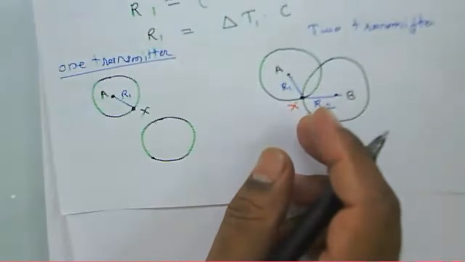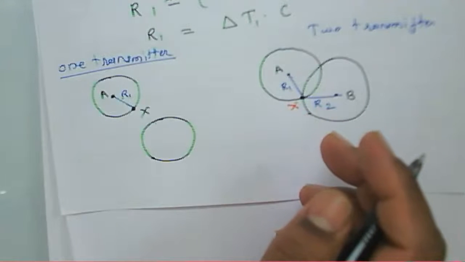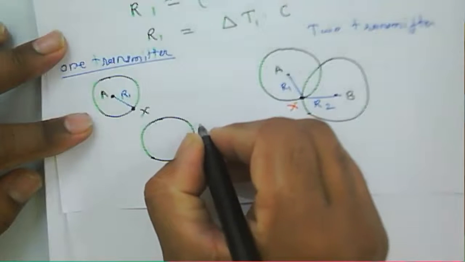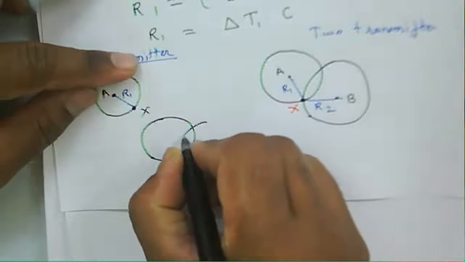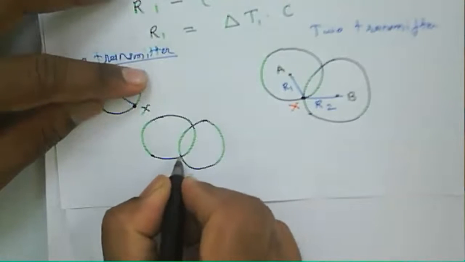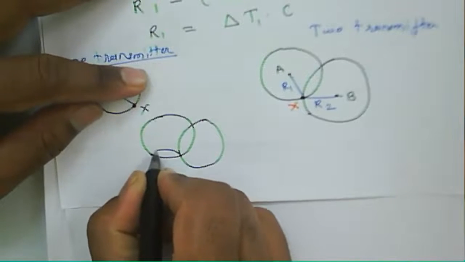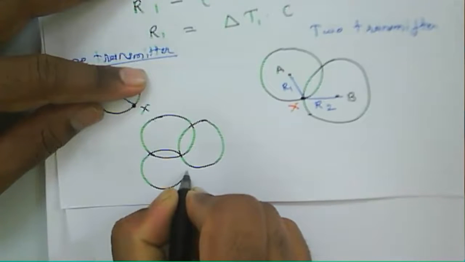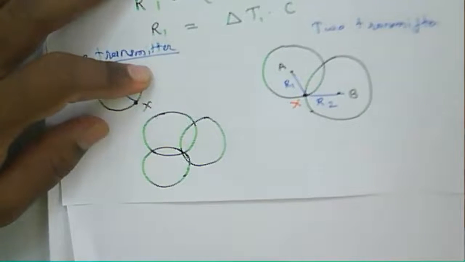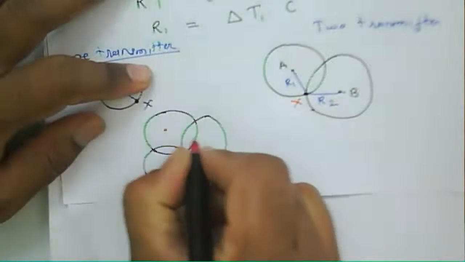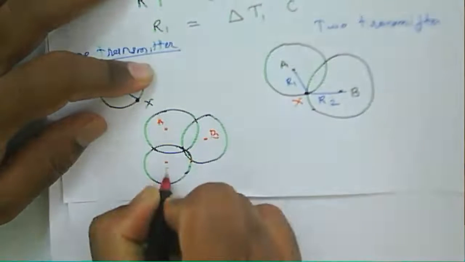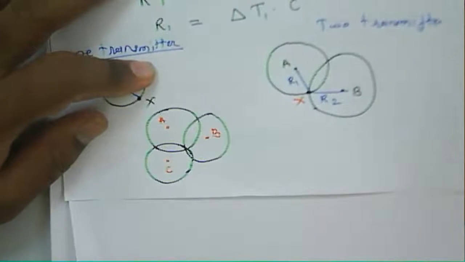I'm just trying to draw another circle. So now we have A, B, and C.